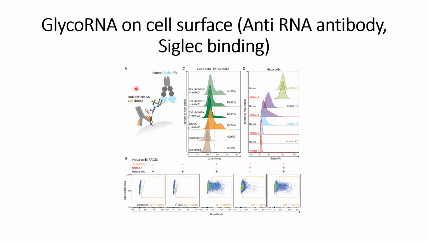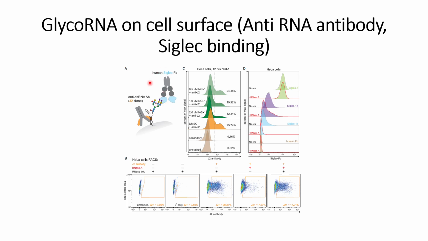So this is the schematic overview of their experiment. They are expecting that RNA is present on the cell surface, bound to the glycan. The first approach they use is this anti-double-stranded RNA antibody, to check whether there is a signal of this double-stranded RNA or not.